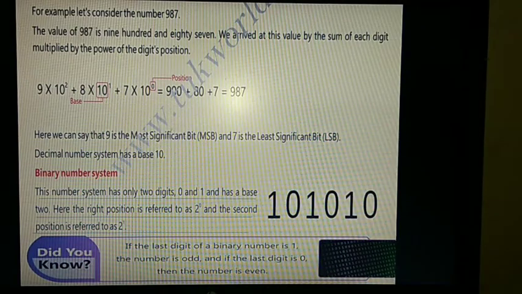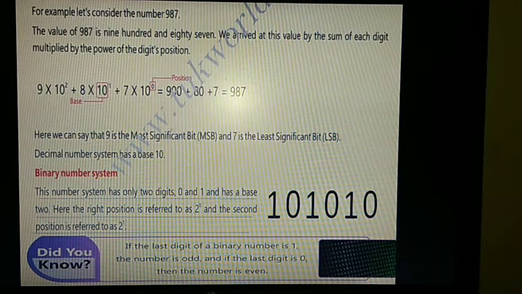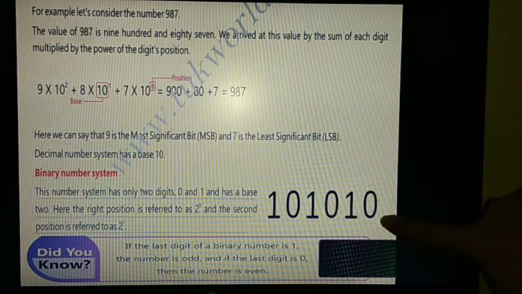Did you know, if the last digit of a binary number is 1, the number is odd, and if the last digit is 0, then the number is even. Can you see a binary number over here?